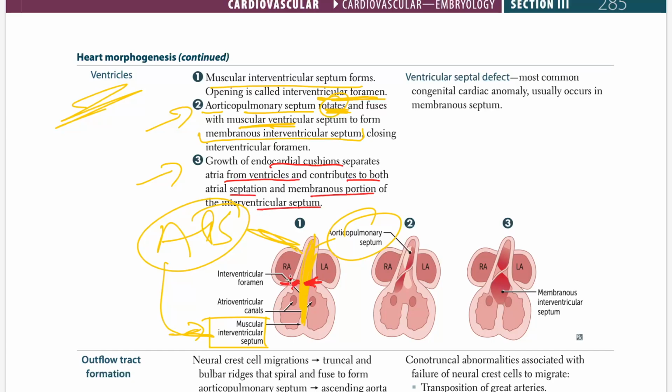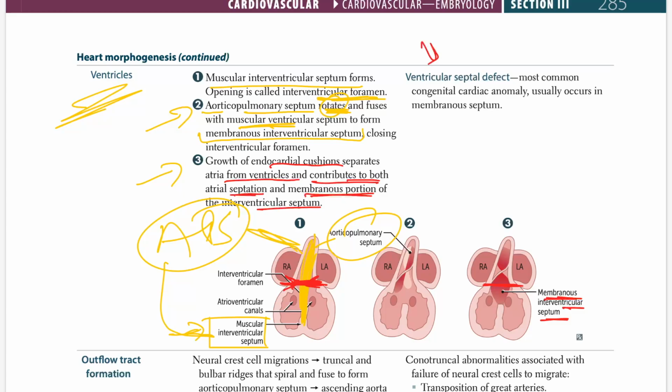So they're going to get closer to each other and close off atria versus ventricle, that's one thing. On top of that, they also contribute to the membranous portion of the interventricular septum. So what is the membranous portion? Right here, the membranous interventricular septum. This is the portion of the interventricular septum which is membranous. Okay, so that's what we have.